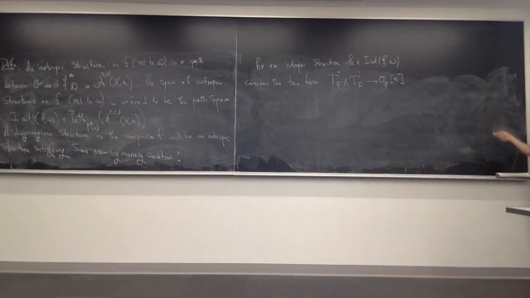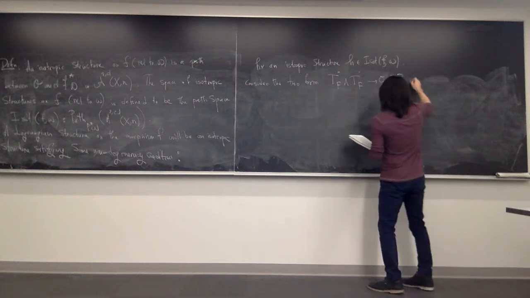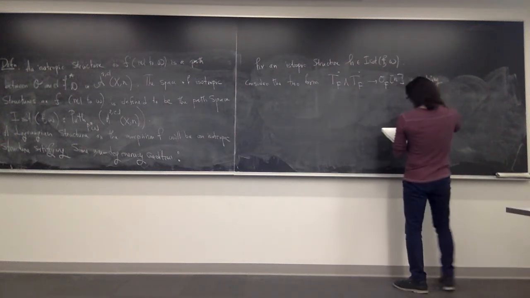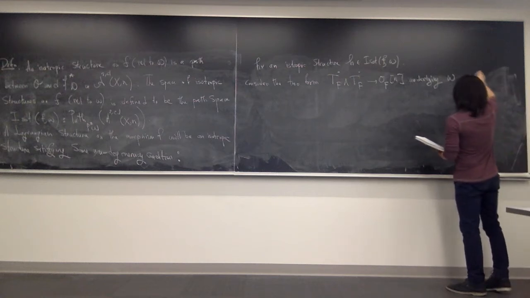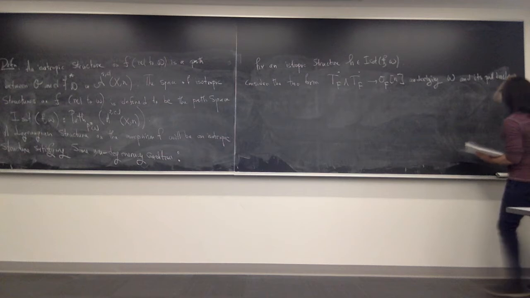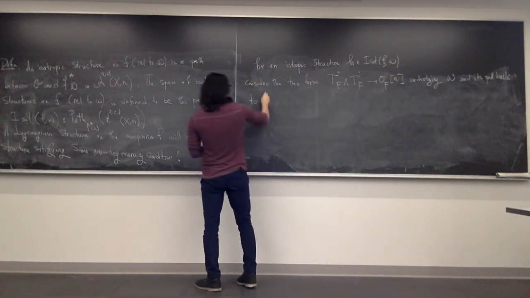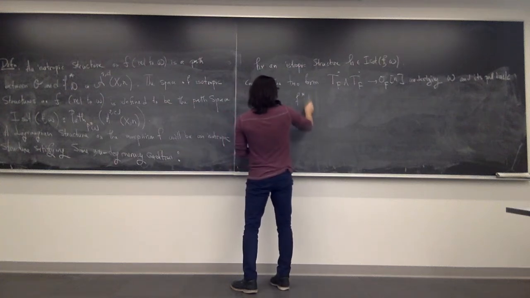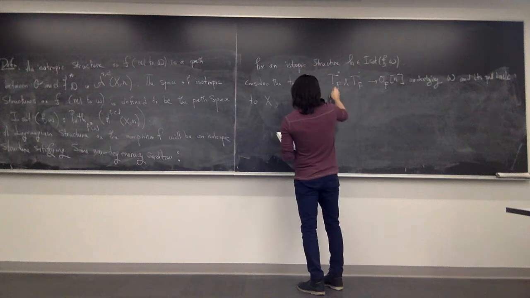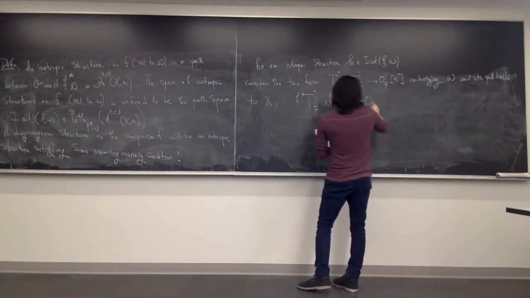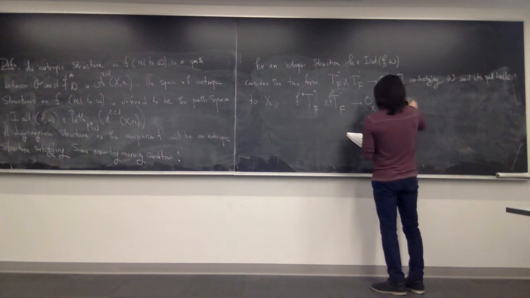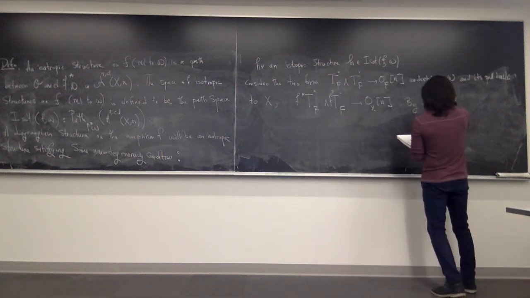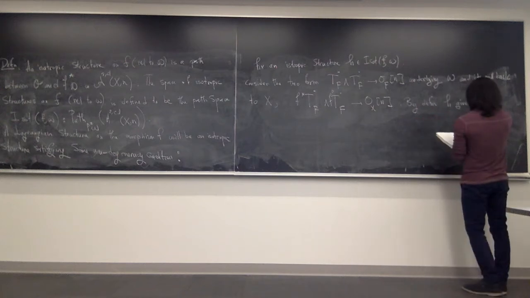We know that the ambient stack F has a symplectic two form of degree n, so this is by assumption the underlying symplectic form on the ambient stack F, and its pullback to X induces a morphism from the pullback of the tangent complex of F tensor itself to O_X of n. Okay?